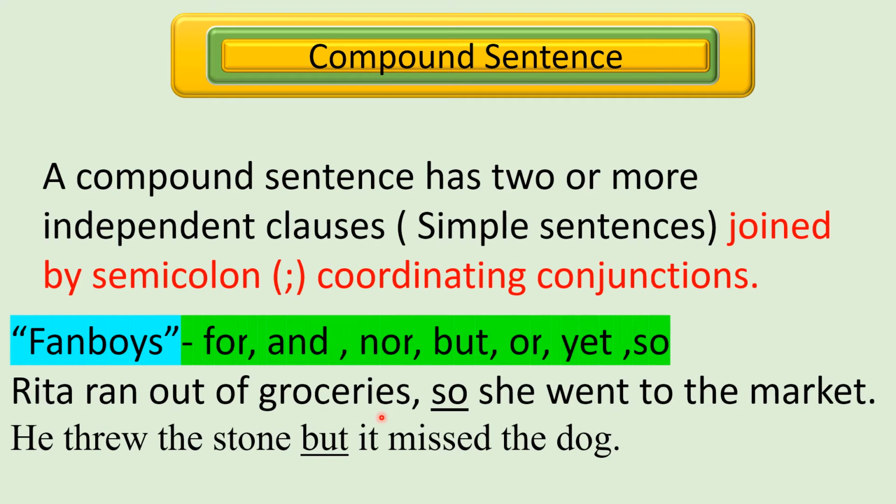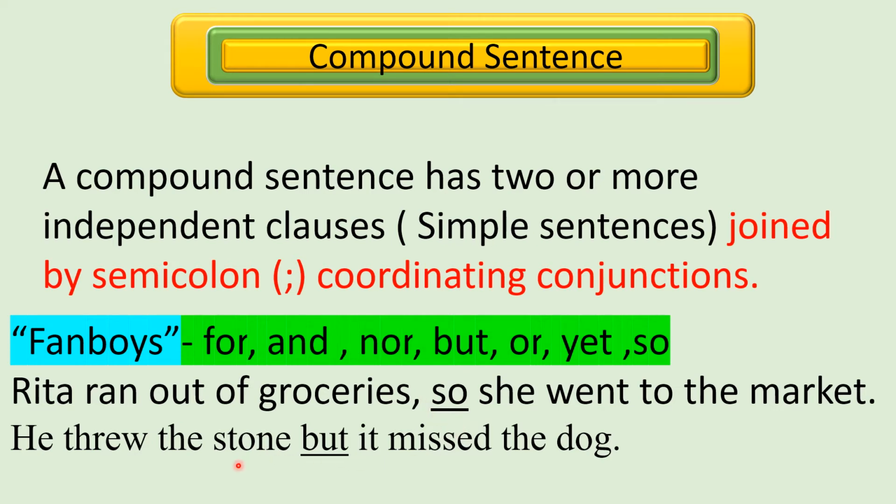It's giving me a complete meaning, an idea. Rita ran out of groceries. I can put a full stop. It's one simple sentence. She went to the market. Complete idea, complete meaning. So we do have two independent clauses which are joined by a coordinating conjunction.